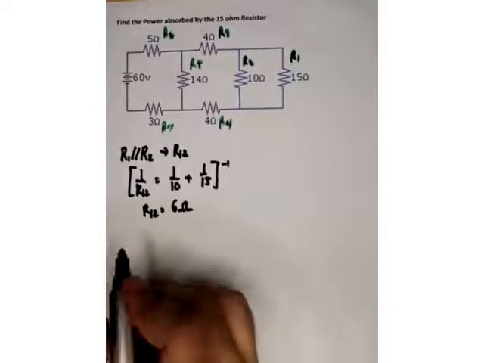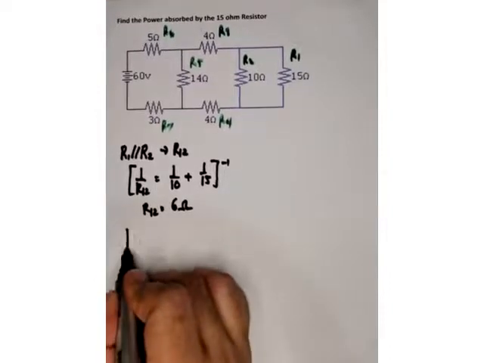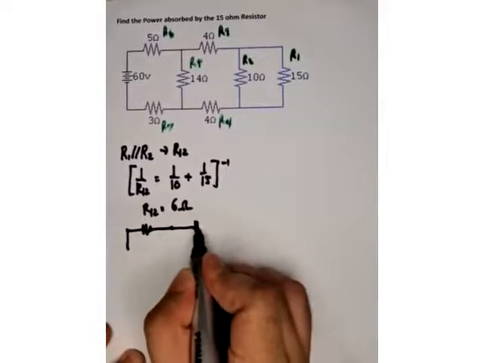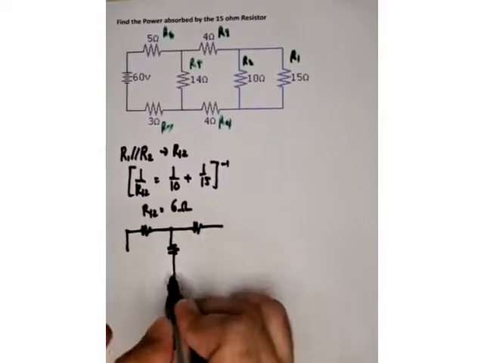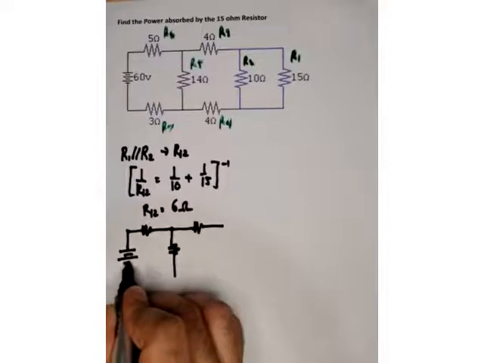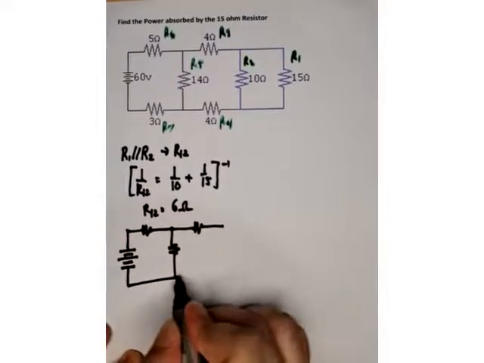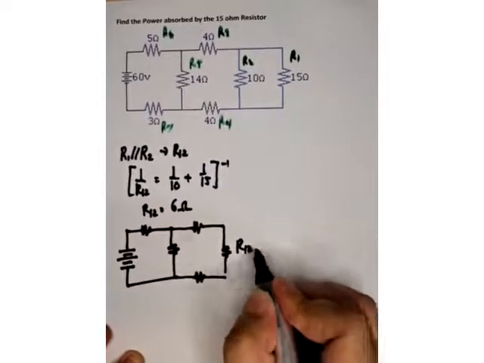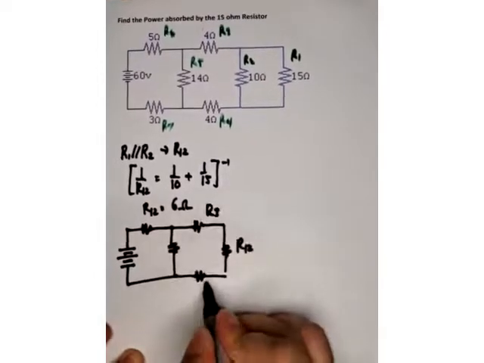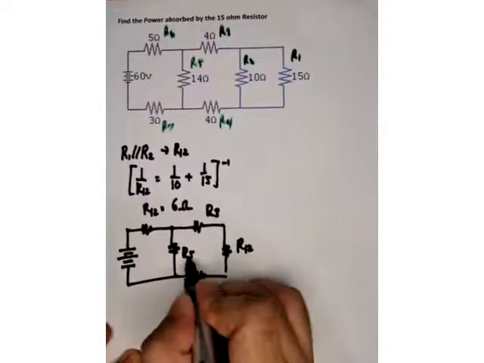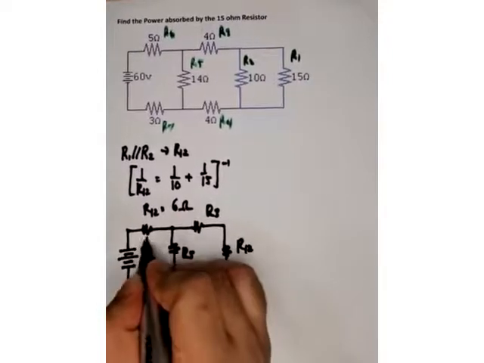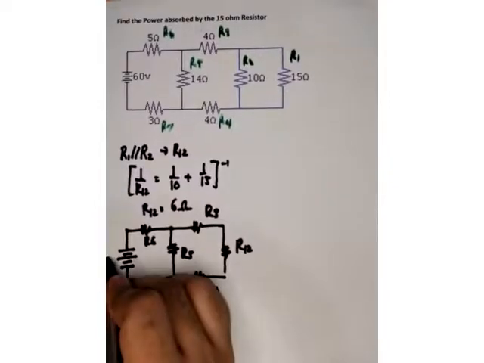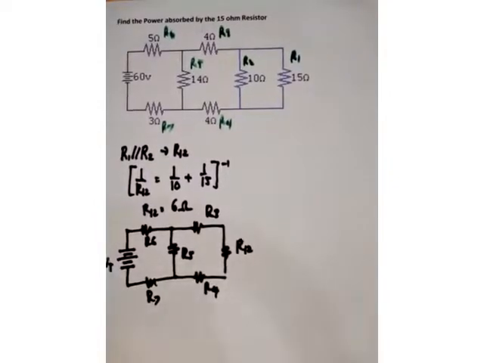Okay, so that means if we redraw it, using R12, R3, R4, R5, R6, and R7. And of course, the total. Okay, next.